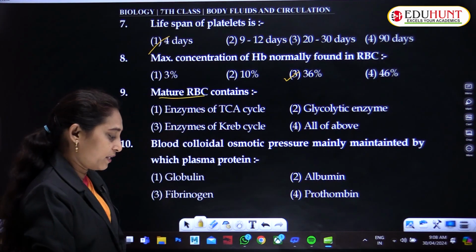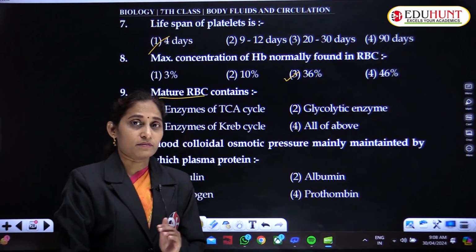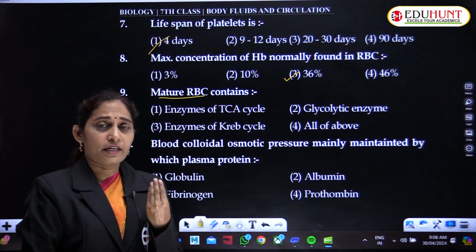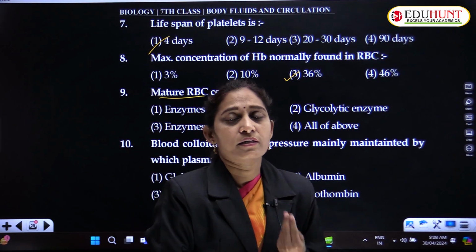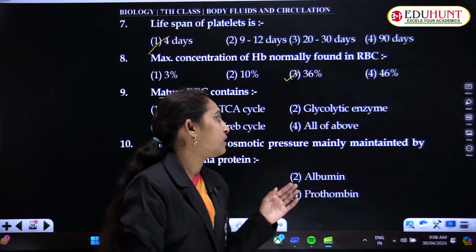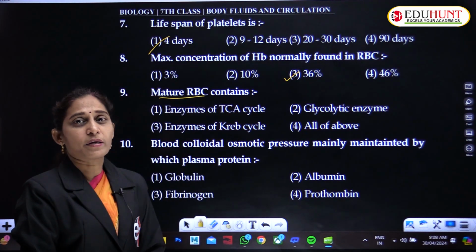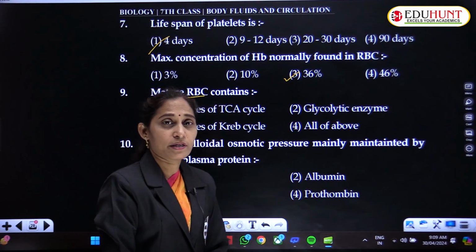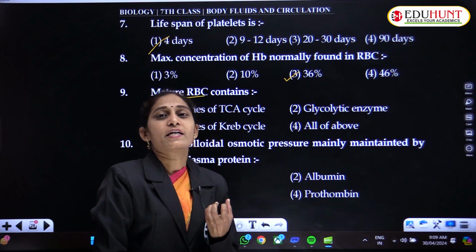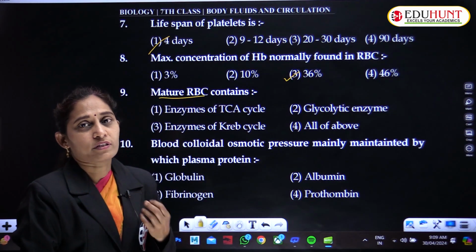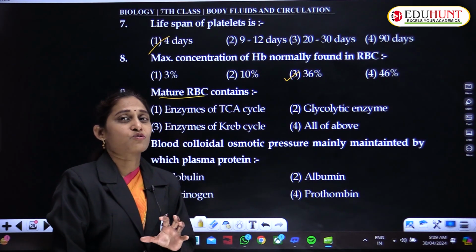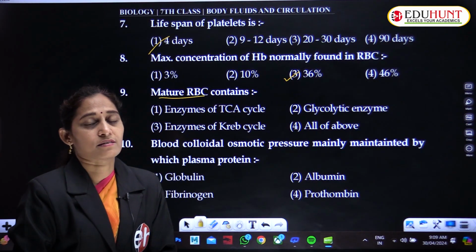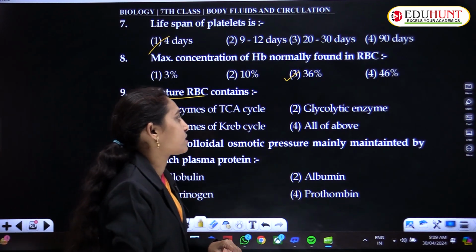So we have already discussed in the previous sessions that mature RBC respire through anaerobic respiration. In mature RBC, anaerobic respiration takes place. Anaerobic is nothing but only CO2 is liberated without taking oxygen. If it takes oxygen, it has to undergo some steps, some cycles. First is glycolysis.